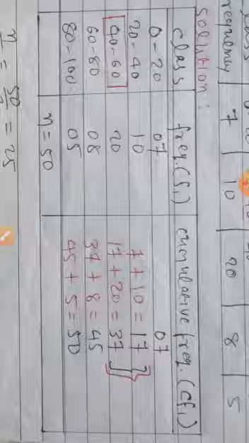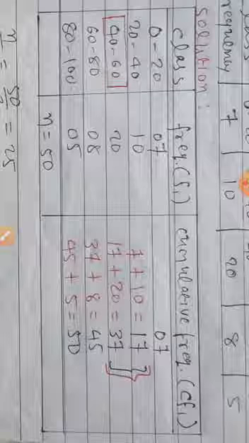So 25 lies between 17 and 37. Between 17 and 37 there is a mark. So out of this, the second row's class is not the median class. Not 17, class 20 to 40, but 37, cumulative frequency 37, means the third row. So the third row is the median class, not the second row. Every time keep in mind, this is a very important process to locate the median class.